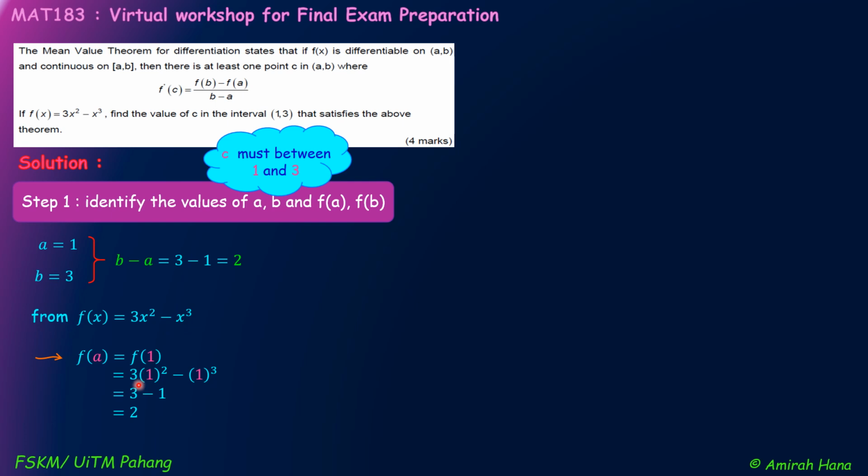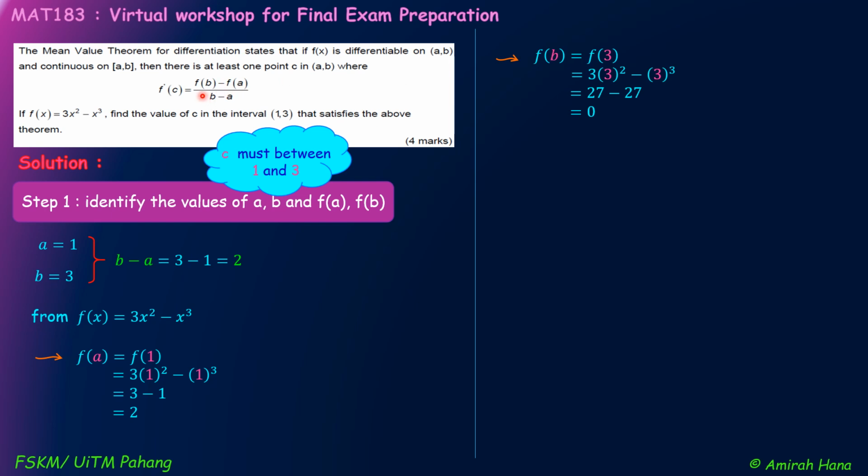After we simplify, we get f(a) equals 2. After that, we need to find f(b). f(b) means f(3), so we substitute 3 into variable x here. After we substitute and simplify, we get f(b) equals 0.